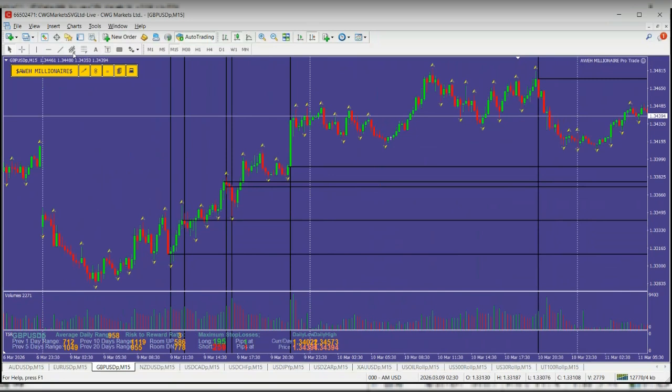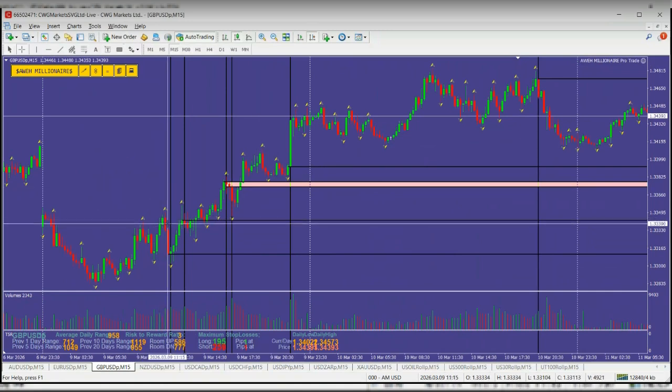So this one here is a zone. Right. And that's our zone over there.